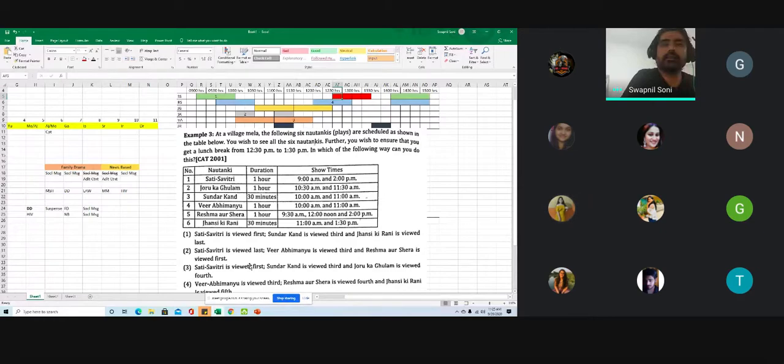Sati Savitri is first. This is first. Veer Abhimanyu is viewed third. Oh no, sorry. Sati Savitri is first. Sundarkand is third. This is third. JG is fourth.